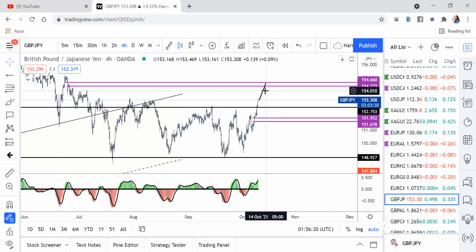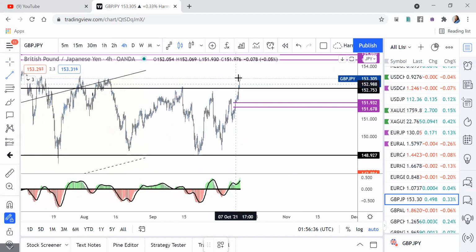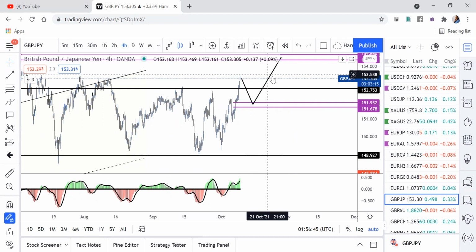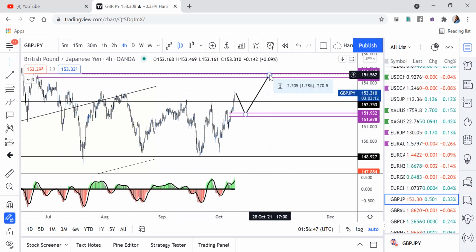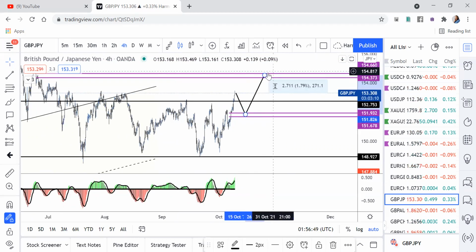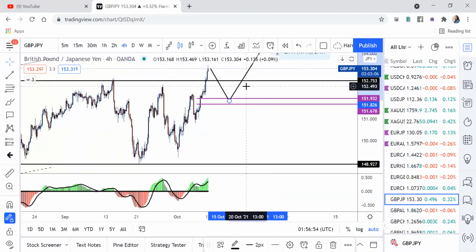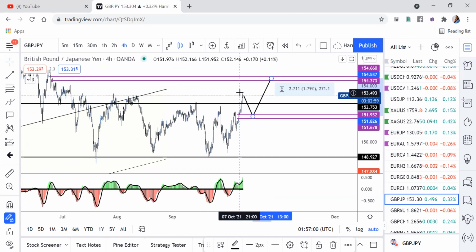So if during London, I could get GJ coming into my area of imbalance as a retest, then I would take that buy up to here. I am looking at sells from this zone though. So once I can get that GJ coming back into here, I will then take a buy.